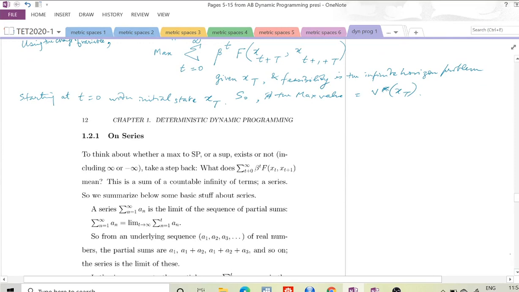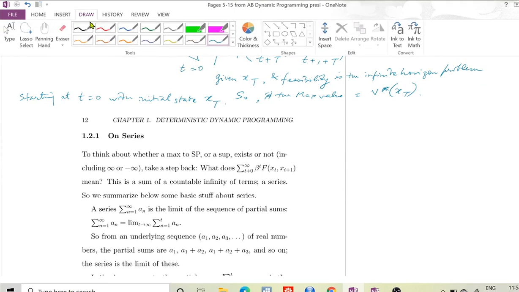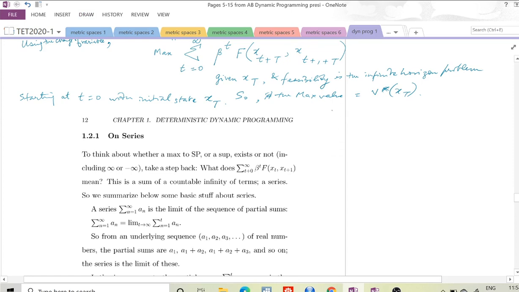So we have a short digression on series, which I will also discuss very briefly. By way of motivation, our objective function, so this should be a t equals 0, in these infinite horizon problems is going to look like that.